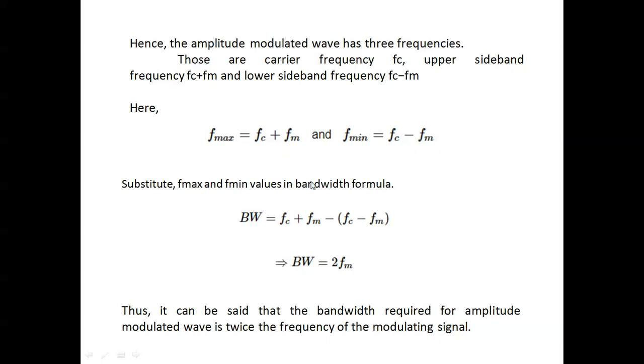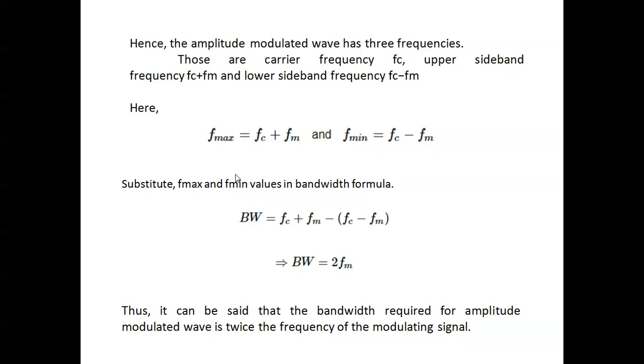You already know the maximum frequency equation, Fc plus Fm, and similarly the minimum frequency equation, Fc minus Fm. We already saw this in previous slides, equations 3 and 8.